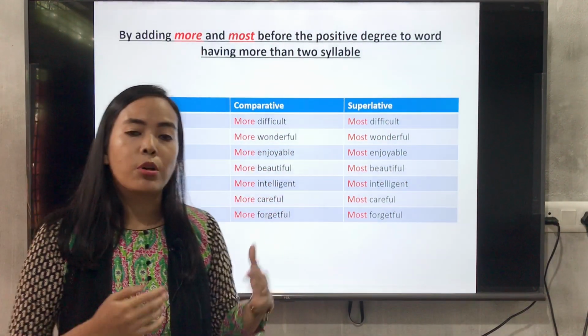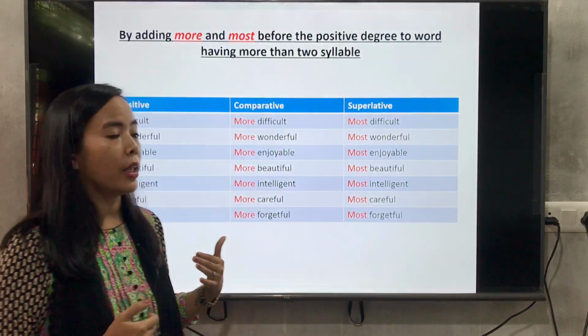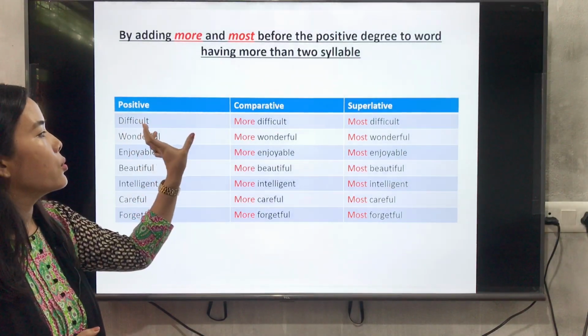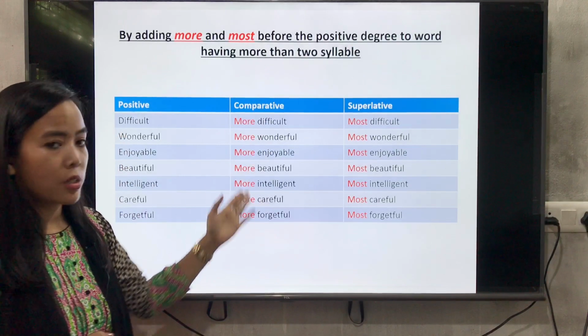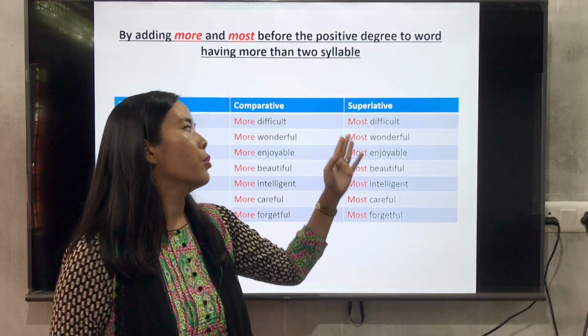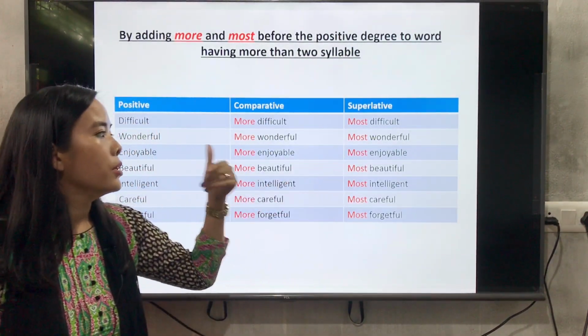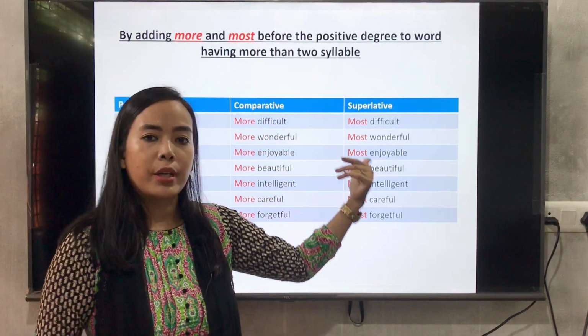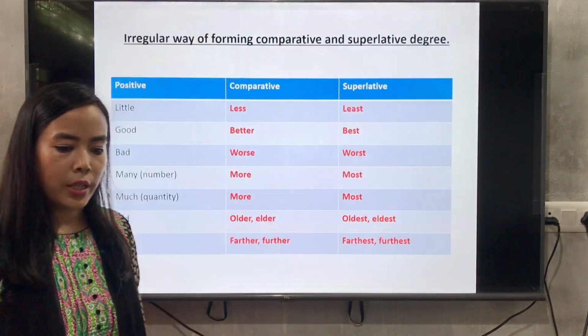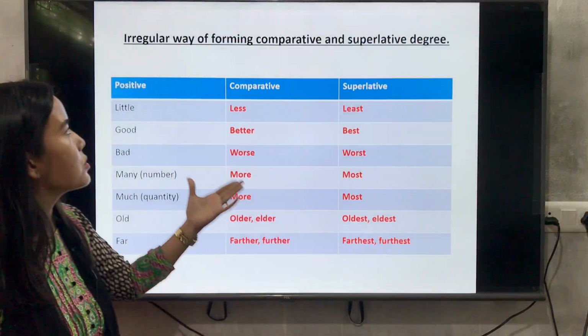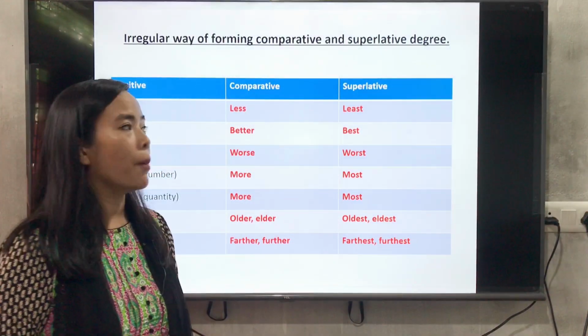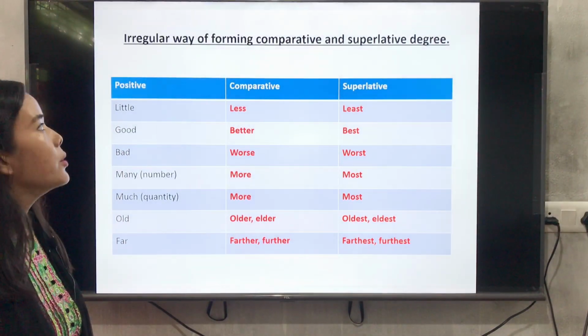So if a positive degree has more than 2 syllables, then we need to add more before the positive word to make it a comparative, and most before the positive degree to change it into superlative respectively. And the last exceptional case of degrees of comparison was the irregular way of forming comparative and superlative degree.